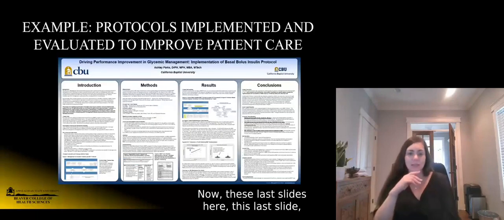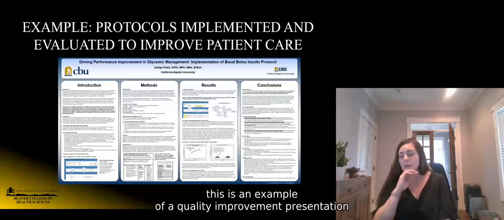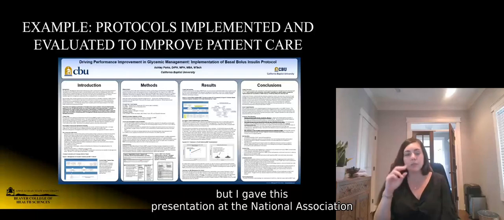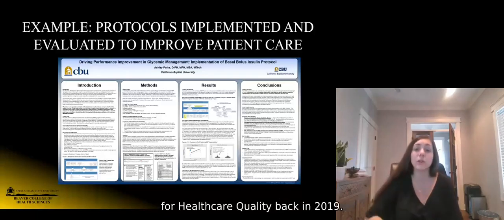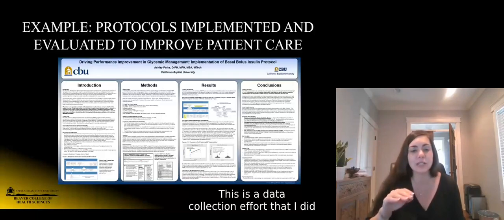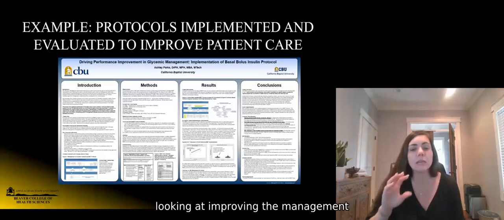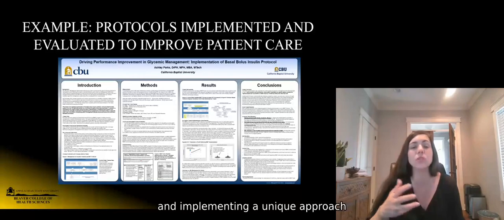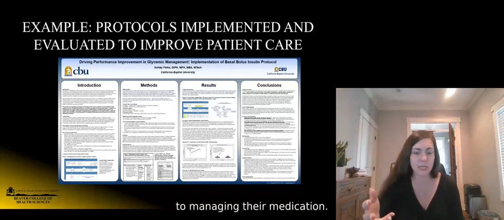Now, this last slide is an example of a quality improvement presentation that I gave. It's very tiny. But I gave this presentation at the National Association for Healthcare Quality back in 2019. This is a data collection effort that I did looking at improving the management of diabetic patients in a hospital and implementing a unique approach to managing their medication.